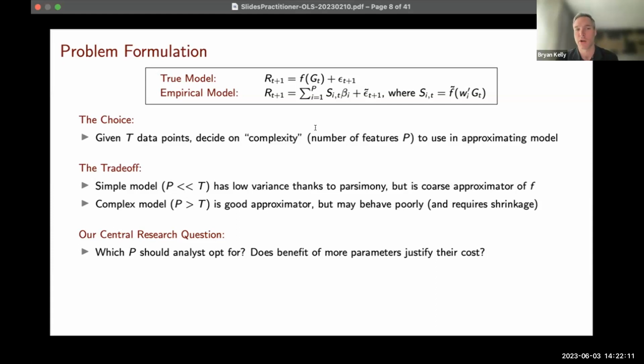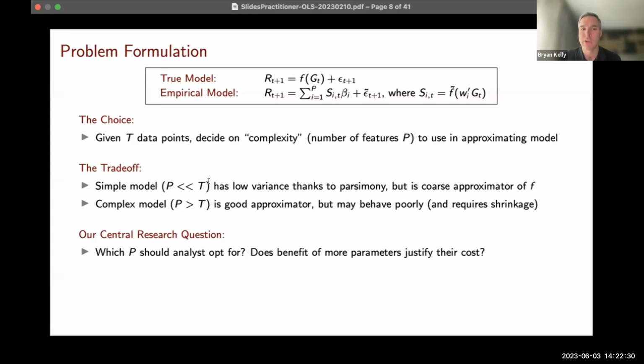There's, of course, a trade-off. In the traditional econometric view, that of Tukey, Box and Jenkins, the parsimonious view, we should use a simple model. We should use P much smaller than T. The rationale is that this model has low variance because it's parsimonious.